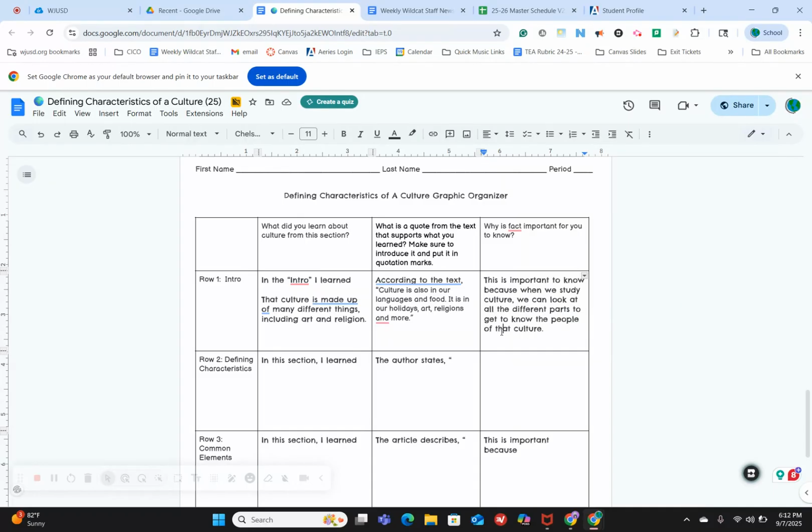It helps give us an insight to figure out how that society works together. If you're using mine, go ahead and pause right here and copy it down. If you're doing this on your own, use the sentence starter and explain why it's important. Okay, we'll pause for a sec.